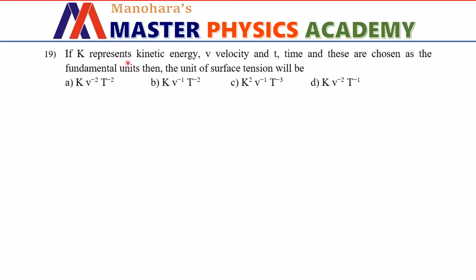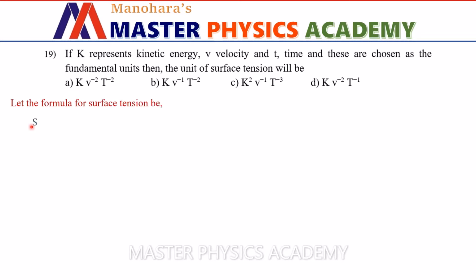If k represents kinetic energy, v represents velocity and t represents time, and these are chosen as the fundamental units, then the unit of surface tension will be. Here let us assume the formula for surface tension as S equals C into K power X, V power Y, T power Z. Let us consider this as equation number 1, where C is some dimensionless constant.